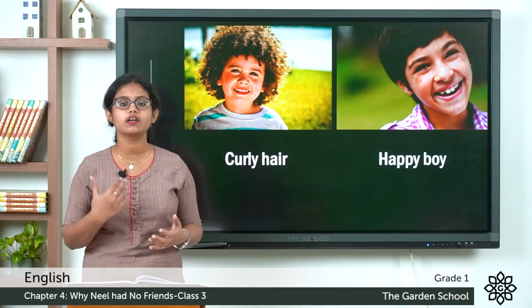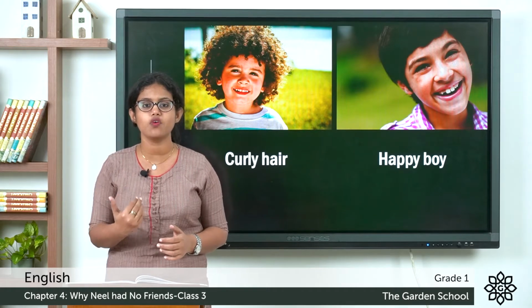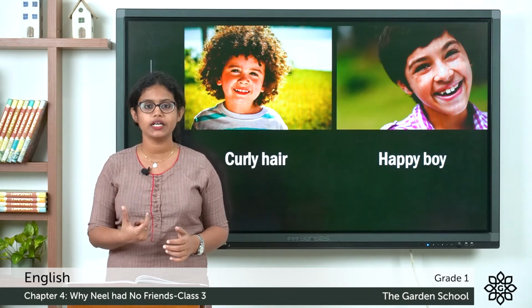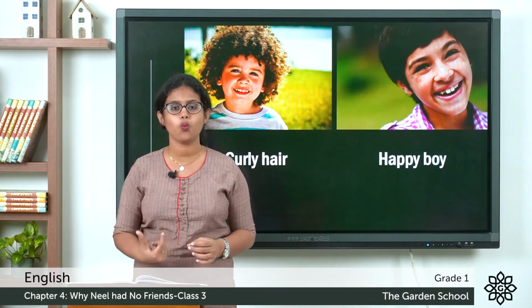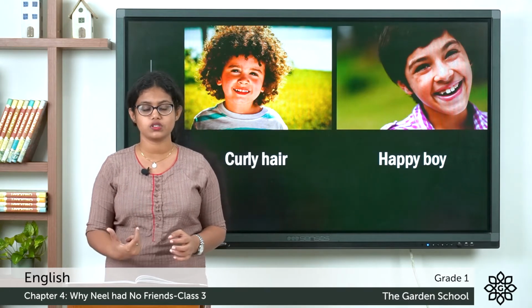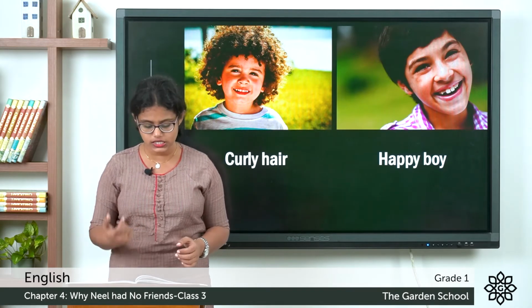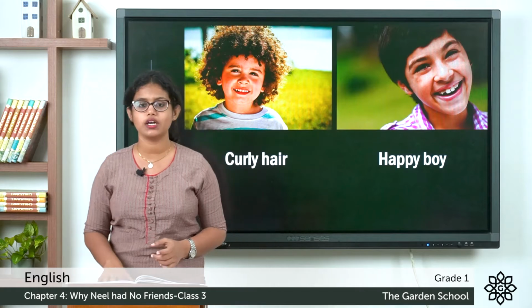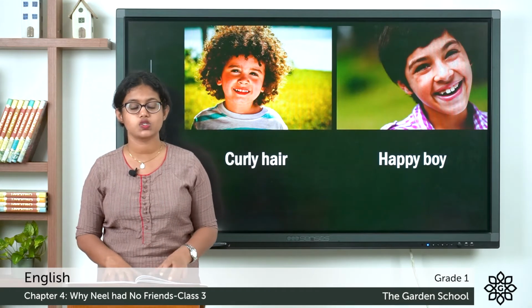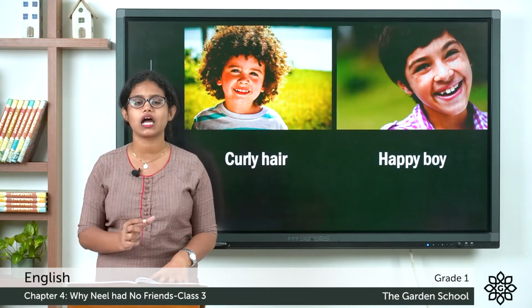Next one, big elephant. So the naming word here is elephant. Elephant is the name of an animal. So big is the describing word. It describes the size of the elephant. The next one, round tray. So the naming word is tray. And round is the describing word.